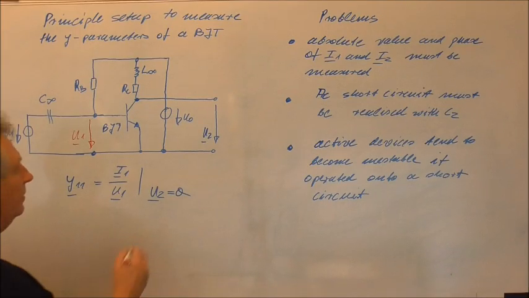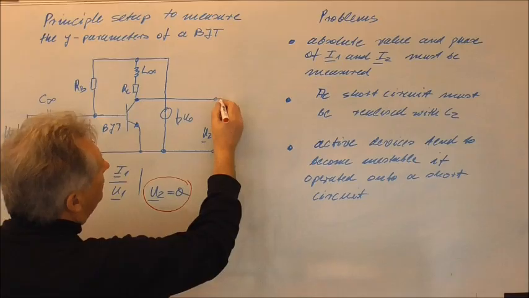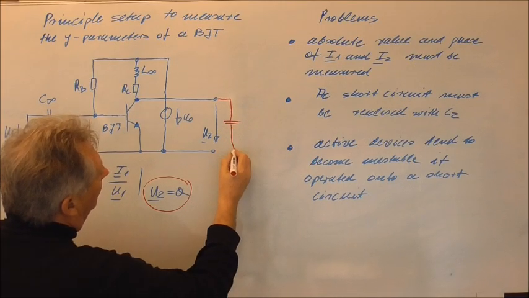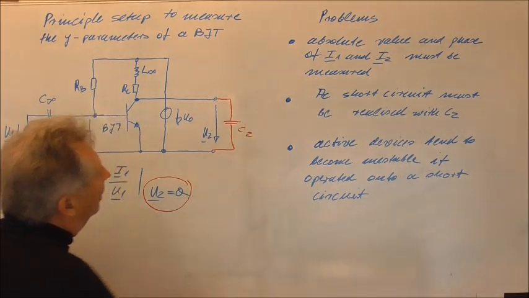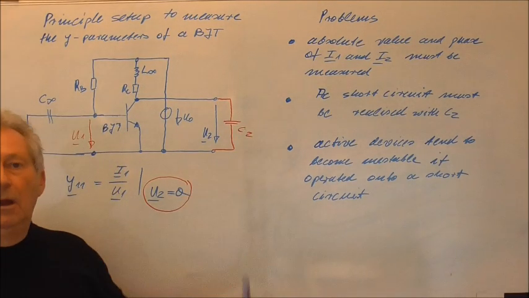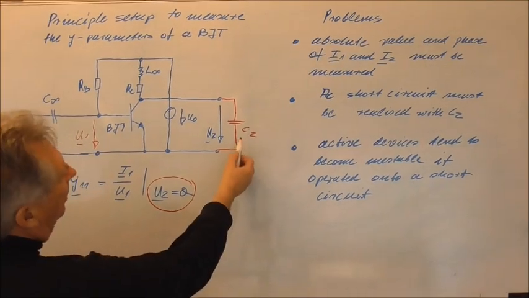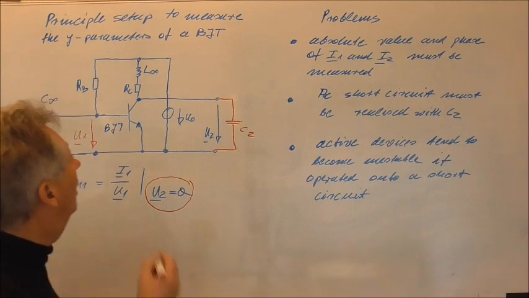So how can we realize this? You see, we must realize a short circuit at the output. This can, in principle, be realized by a capacitor C2. And of course, to realize this short circuit, the capacitance C2 must have almost an infinite value.